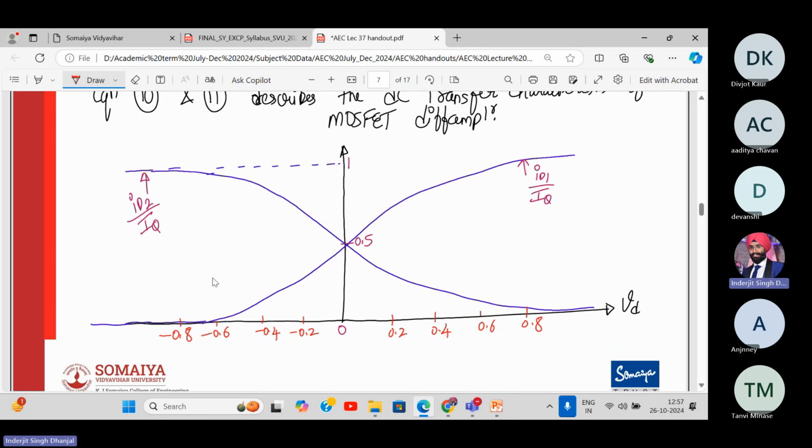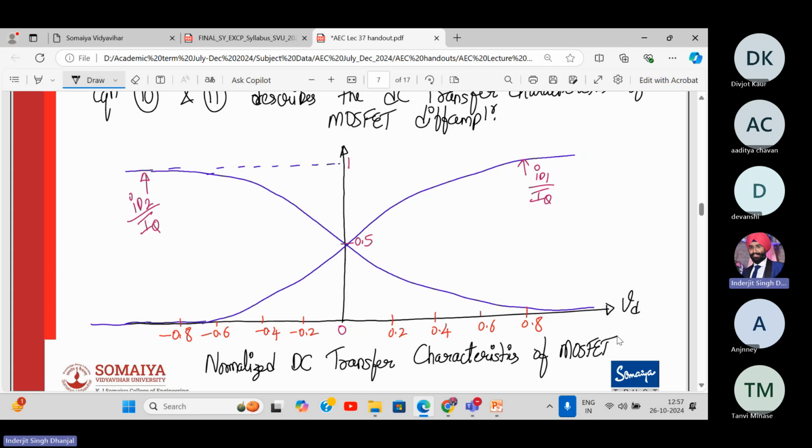So let's write the heading of this. This is called normalized DC transfer characteristics of MOSFET differential amplifier.